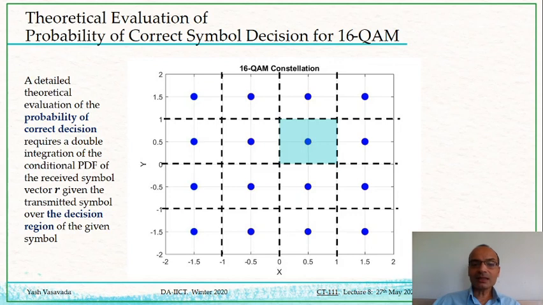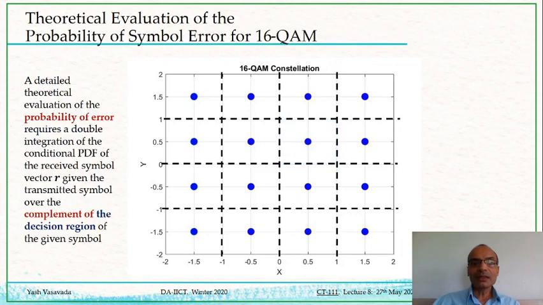Alternatively, we can say that if we want to evaluate the probability of symbol error, let us say that this symbol is transmitted and we want to know what is the probability that the receiver will make an error in detecting the symbol. The receiver will detect some symbol which is other than this symbol. That probability is going to be the conditional PDF of R given this transmitted symbol.